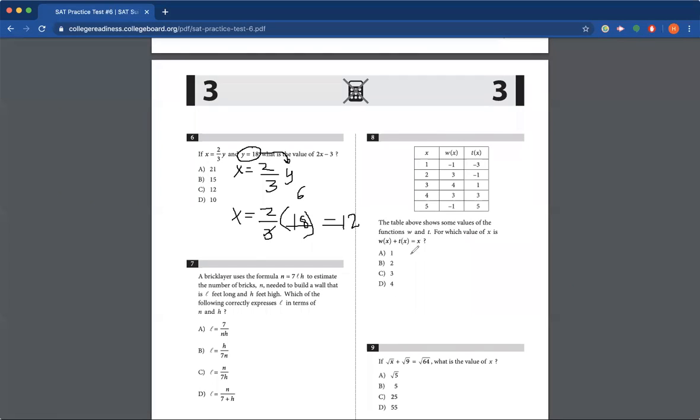So we know that x equals 12. Now, they're asking what is the value of 2x minus 3? Well, we know what x is. x is 12. So we have 2 times 12 minus 3 equals 21.